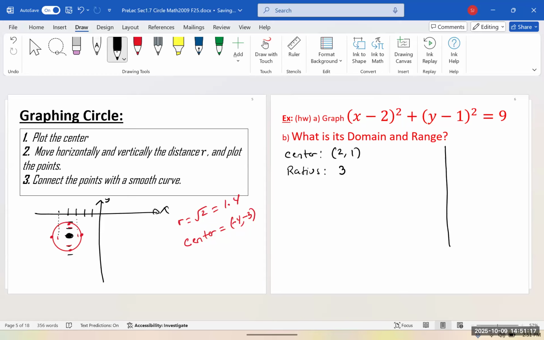2, 1. So 2, 1. Okay. 2, 1 is here. And we have to go 3 units in all directions. So 1, 2, 3.